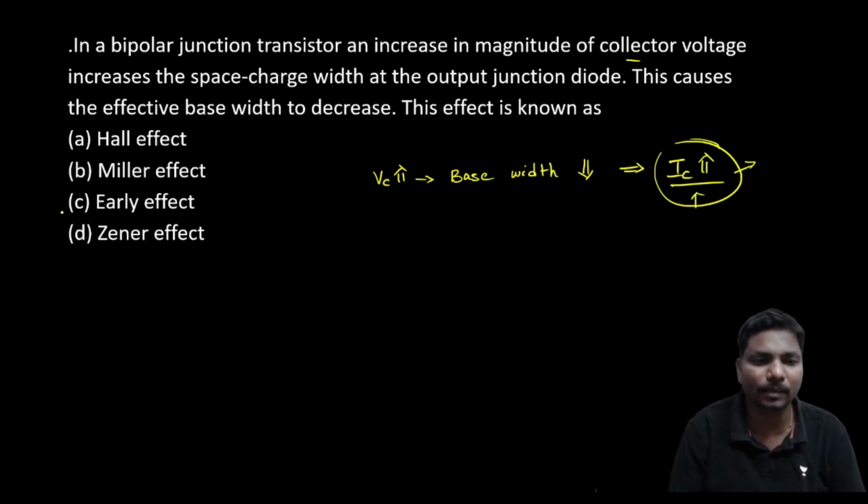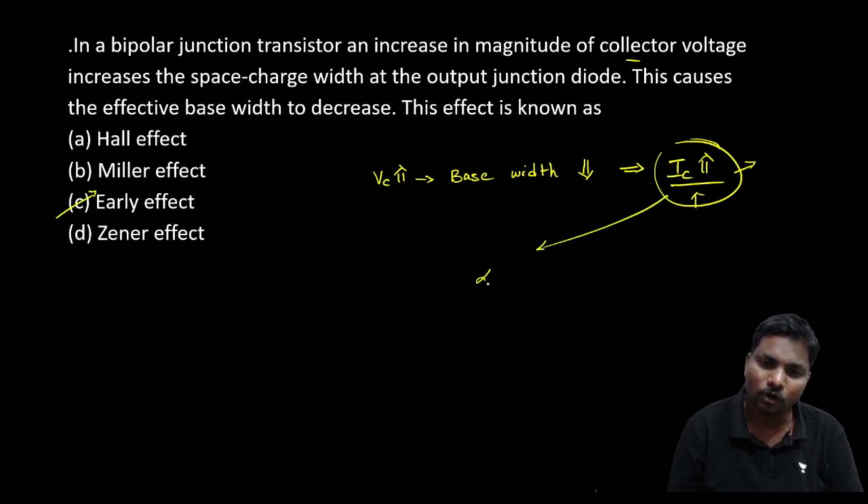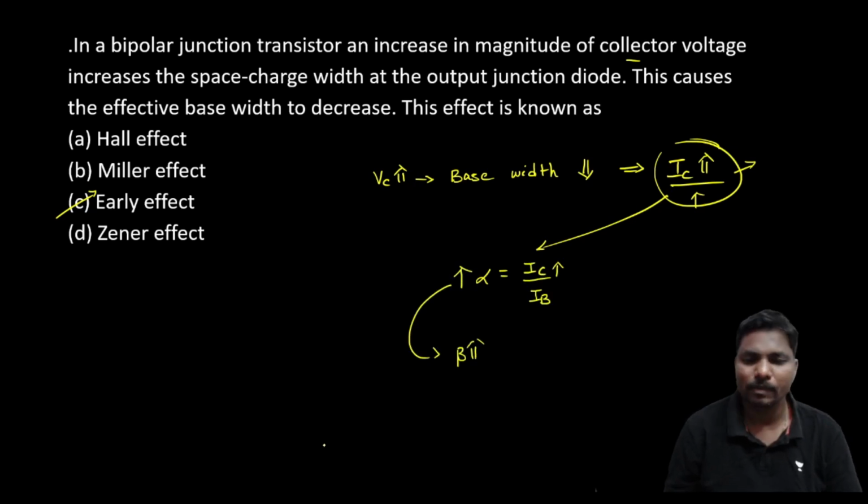So that effect is nothing but the early effect. That means due to this early effect, IC increases. IC increases means, we know alpha is equal to IC by IE, so alpha increases. Alpha increases means beta also increases. Beta is equal to alpha by 1 minus alpha.